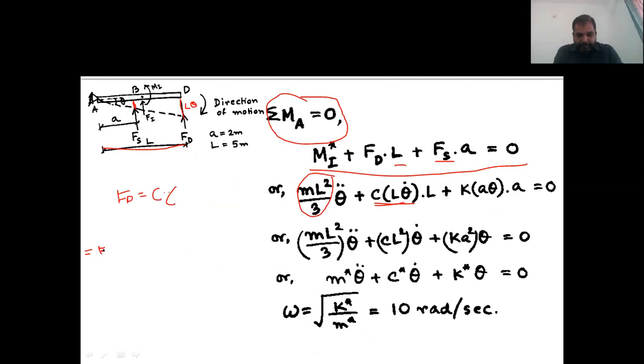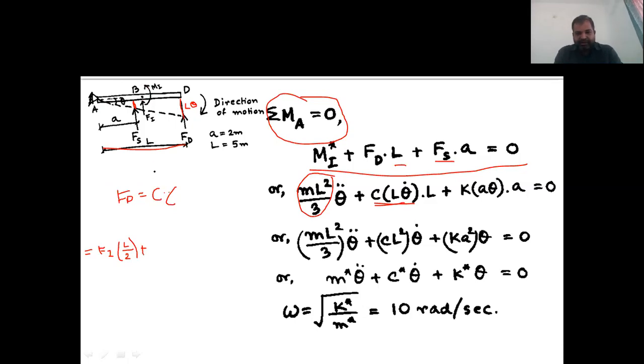Fi into L by 2. Plus, I'm taking this anti-clockwise moment as positive. So Fi into L by 2 plus, directly this is a moment, an anti-clockwise moment, so I need to put it as it is.